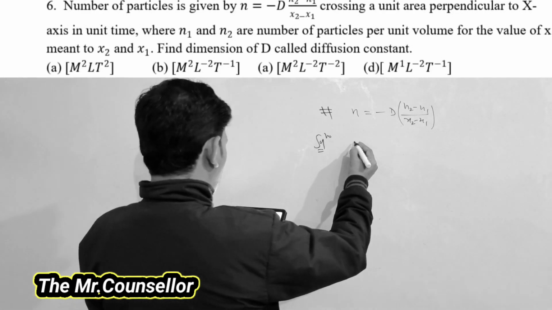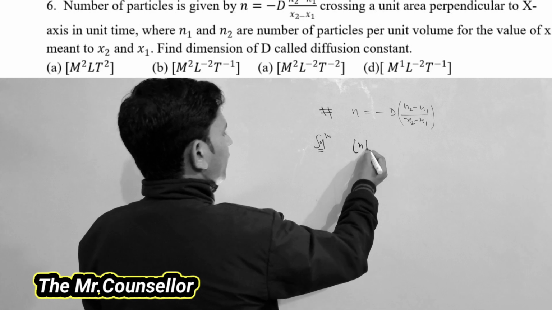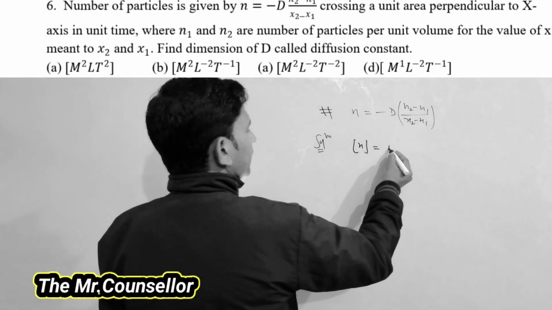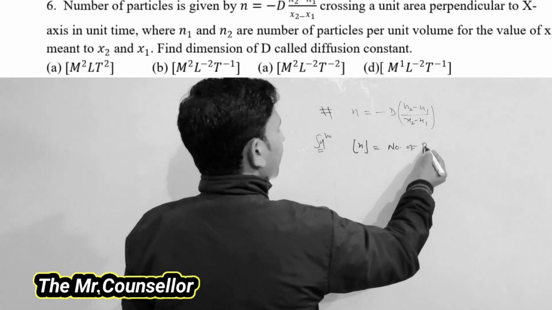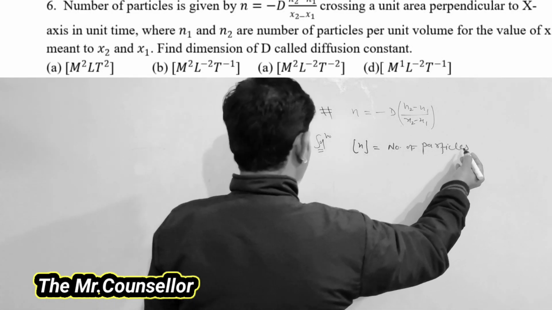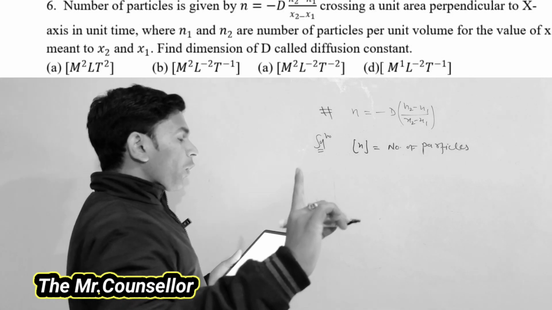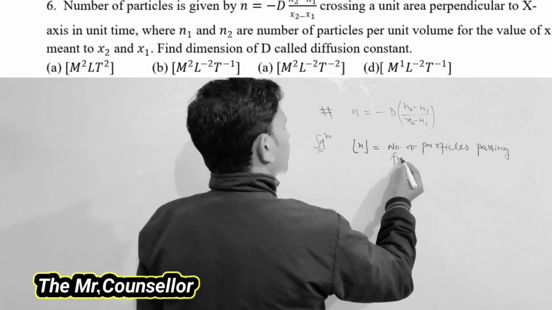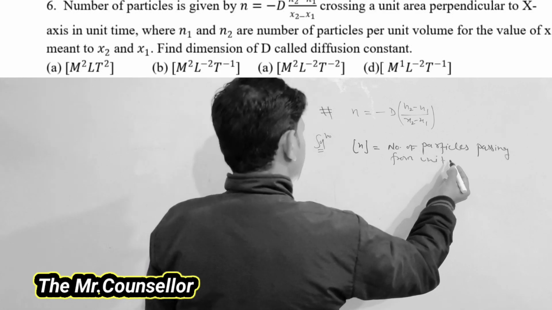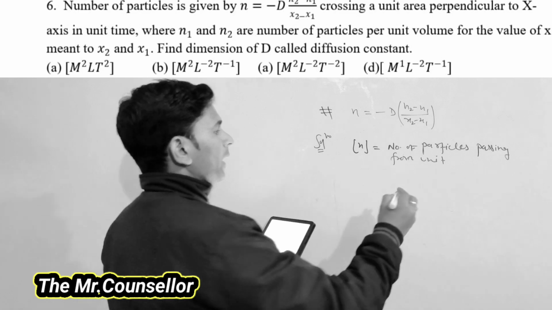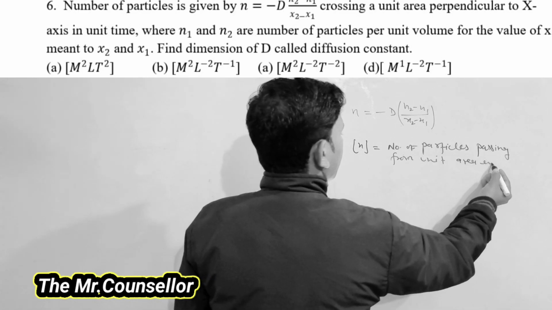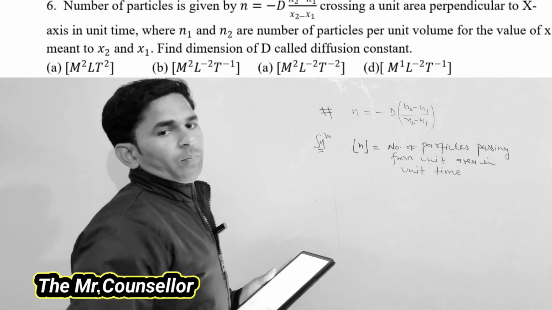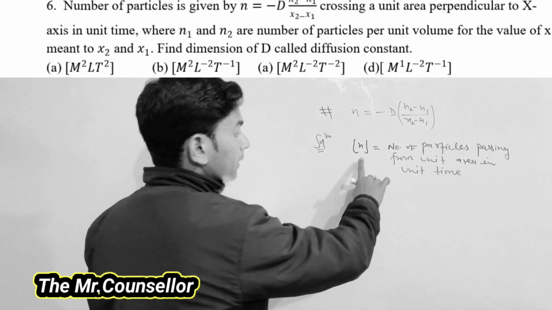If we write the dimensional formula of that small n, they are telling us: number of particles passing from unit area in unit time. This is a very important concept. How will you write the dimensional formula of small n?